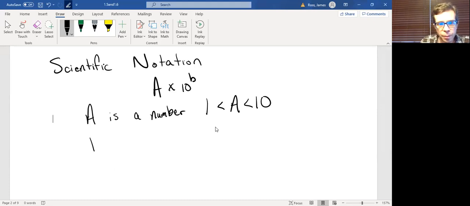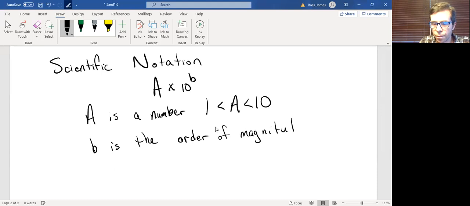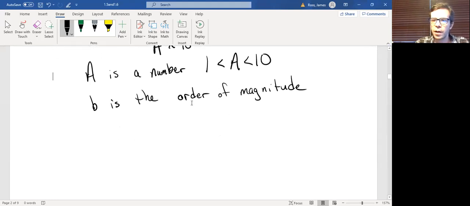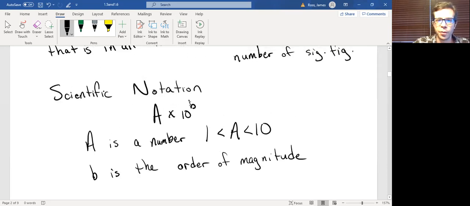All right, B is the order of magnitude. So let's look at some of the numbers we were just using if we were to write them in scientific notation.